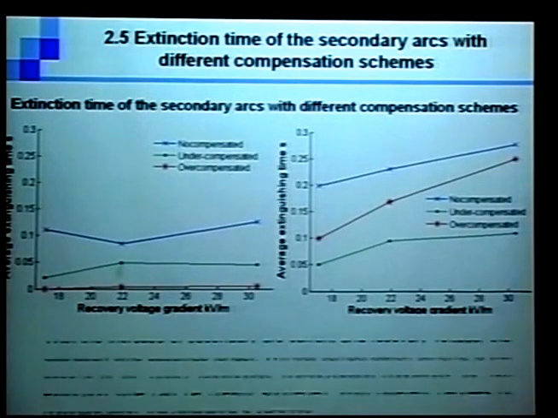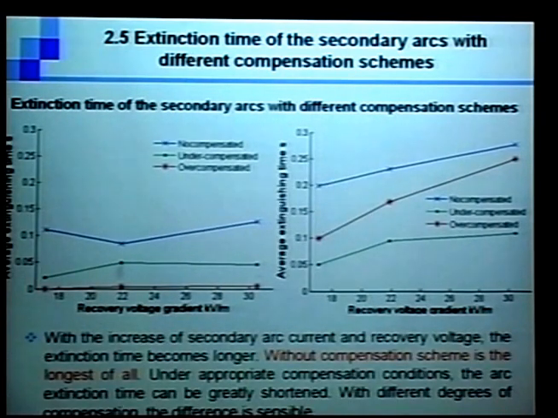Here are the two pictures. We have concluded in the two pictures. One is for a second arc current of 15 amperes, and the right one is with 30 amperes. Then you can see the three cases: uncompensated, undercompensated, overcompensated.